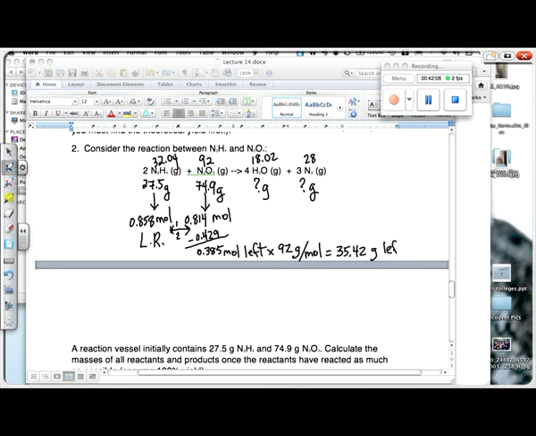Okay. Figuring out my products, I have to use the limiting reactant. All right. So 0.858 moles times 4 over 2, to get your amount of H2O.